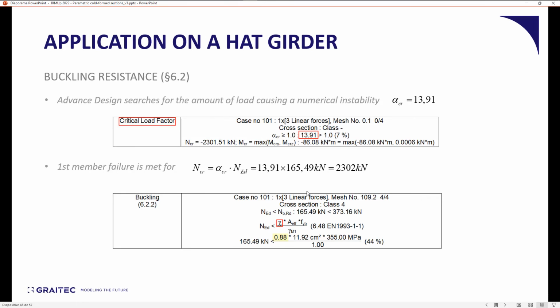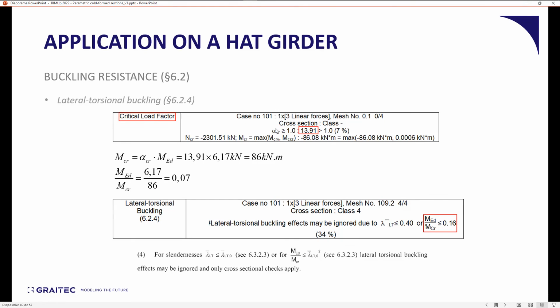Right there. So this was only for buckling, because the member is subjected to bending as well, so that will involve finding out the critical moment. And again, we will use the critical load factor, because the critical moment will be 13 times something times the design moment, which gives us an 86 critical moment.